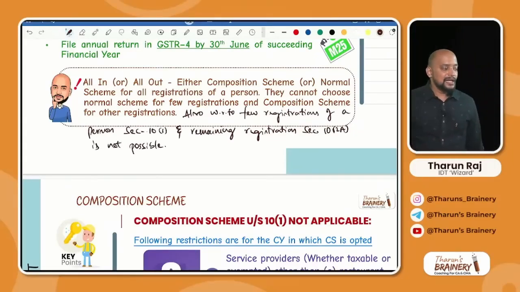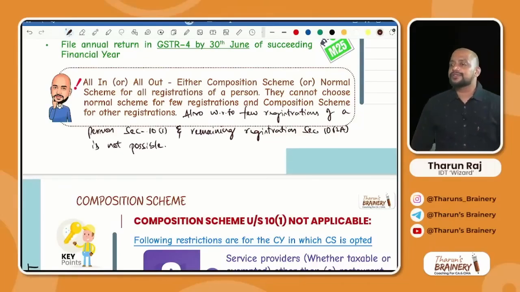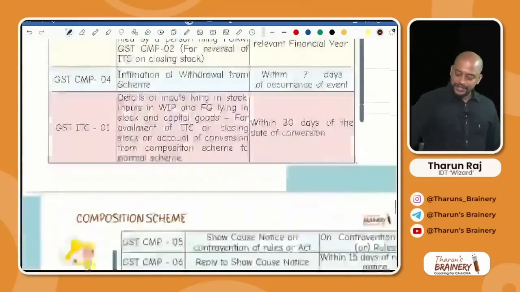You understood? Like few registrations 10(1) and few registrations 10(2)(a), they cannot decide. So they need to go for either 10(1) or 10(2)(a), but not both. Is it clear? Then, so we completed composition scheme fully.